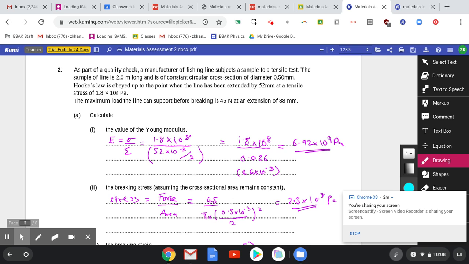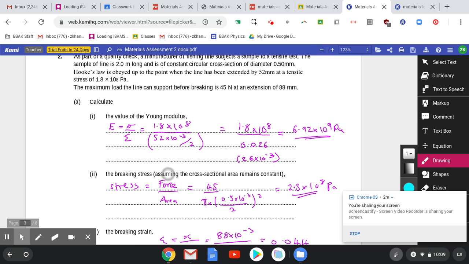They also give you a cross-sectional area, a stress when it obeys Hooke's law up to that point, and then they give you this additional piece of information here at the end that throws a lot of students. This is only specific to the maximum load, so the breaking point. Okay, so do not use this data if you are not considering the maximum stress or the breaking position of that material.